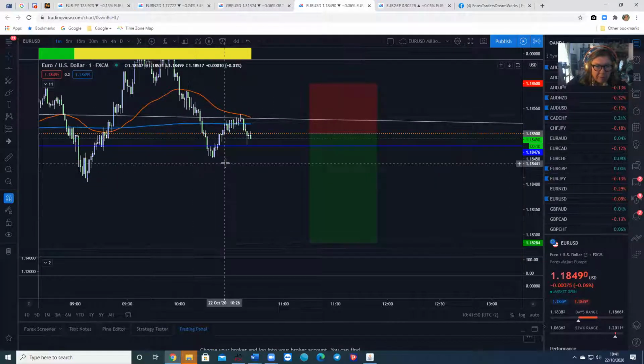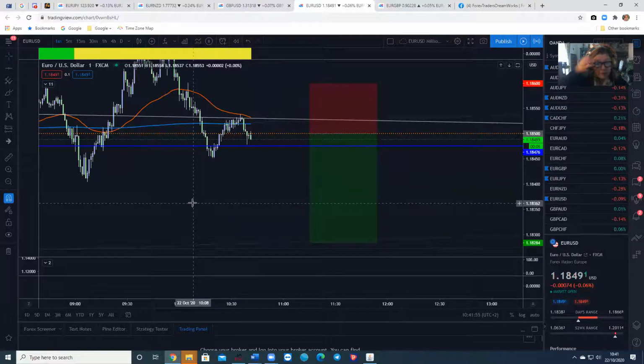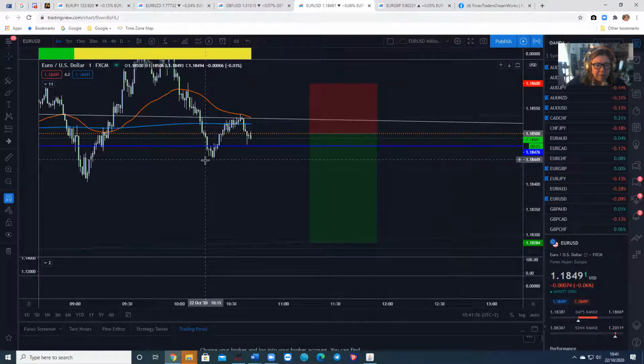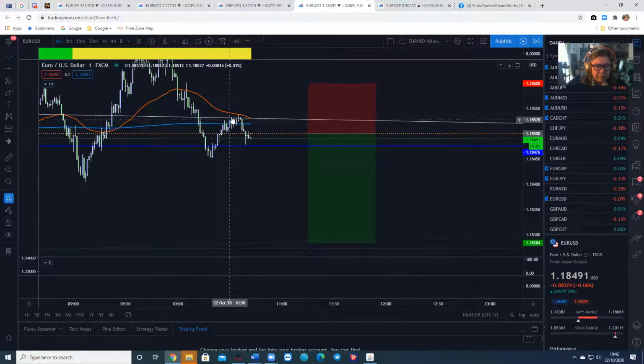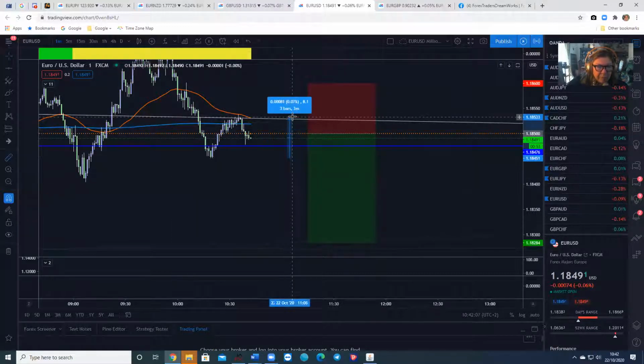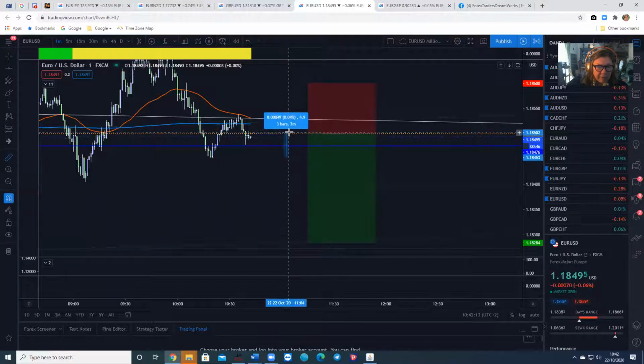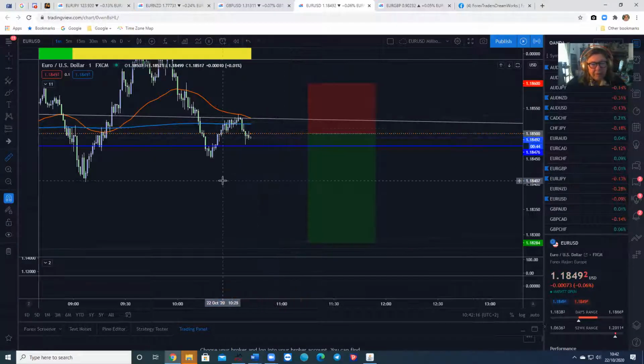Is it coming down? It's just wicking off that quarter theory. So we have had 7.9 break and a retest there, and then we've had a little break here. 4.7.